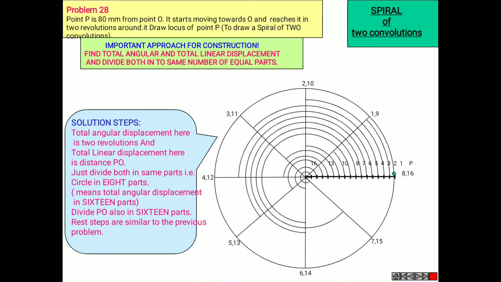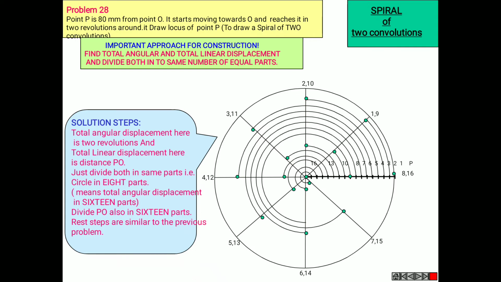Now the points: the 8th one is over there, since the 8th line is that one only, then 9, 10, 11, 12, 13, 14, 15 and 16.